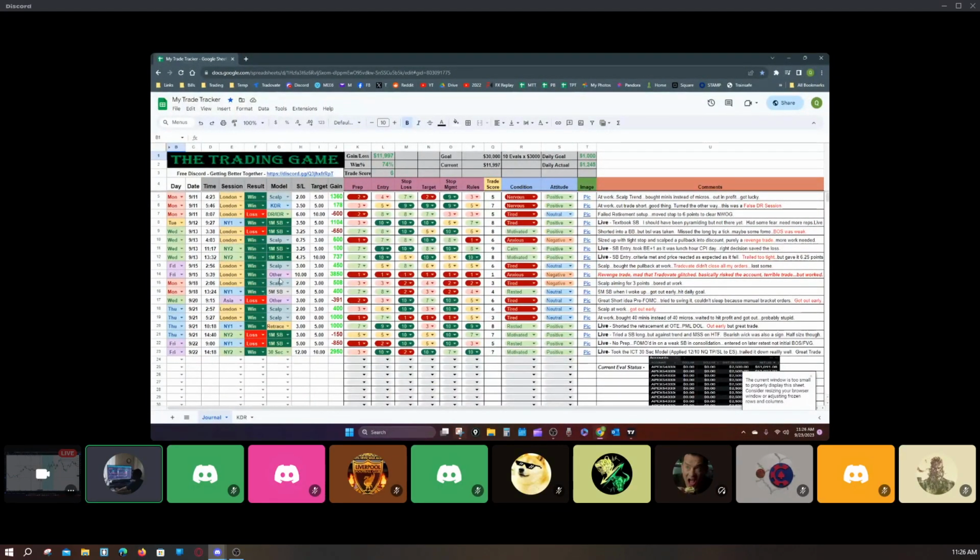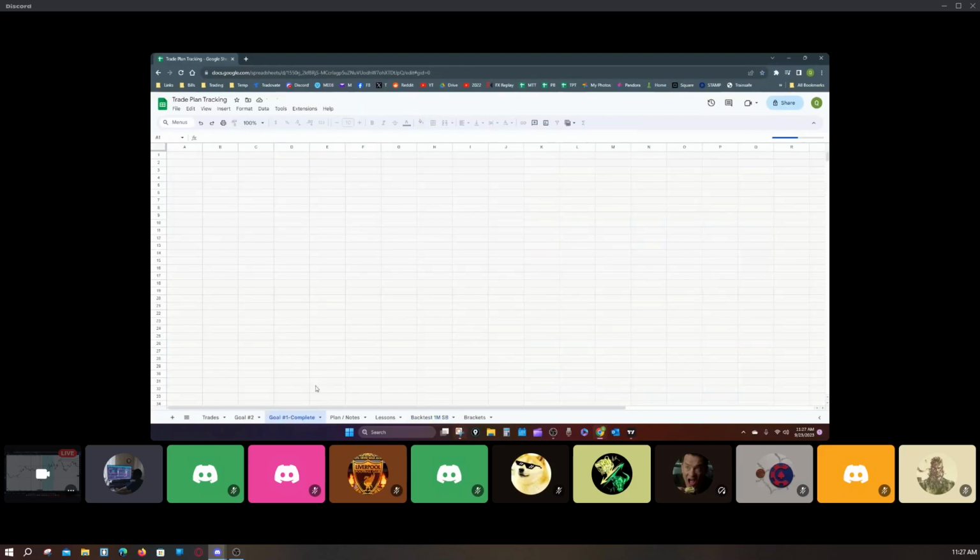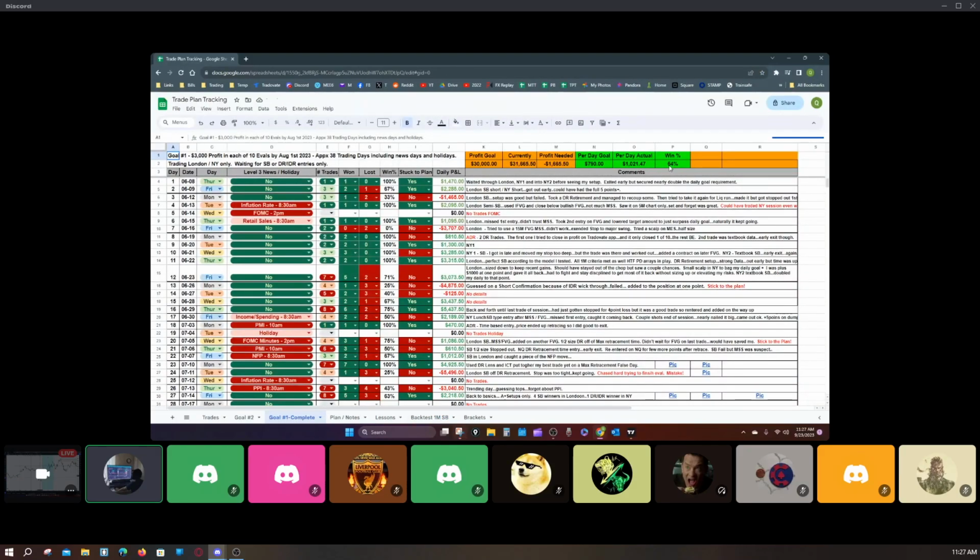74% of my trades here recently, and I think that's in line with where I was before. I think it was 64%, but I was taking a bunch of other stuff too.